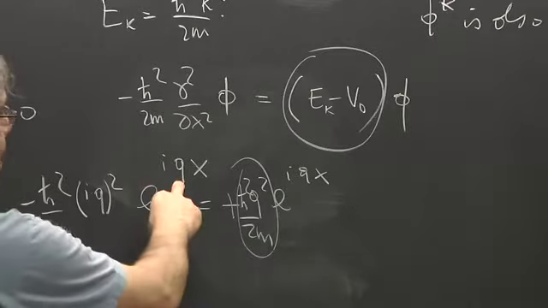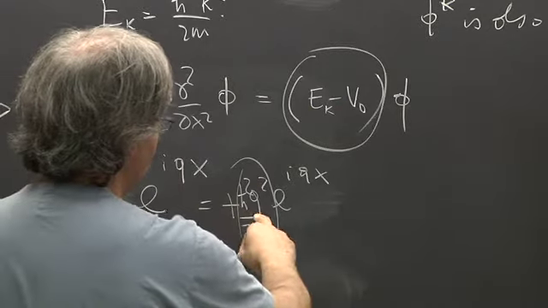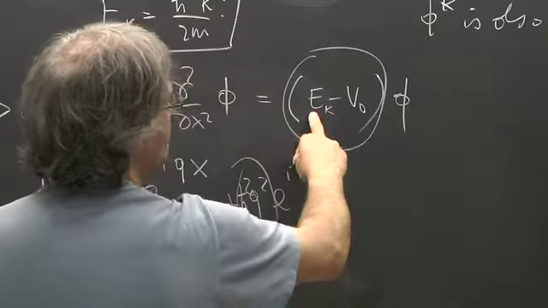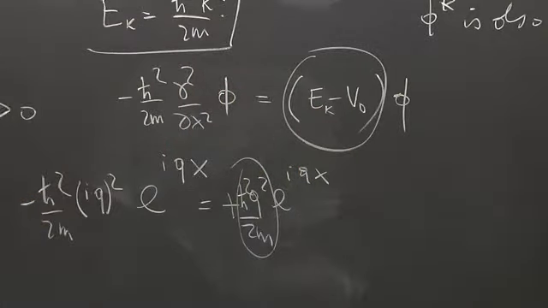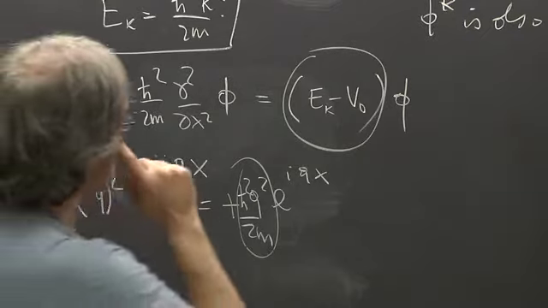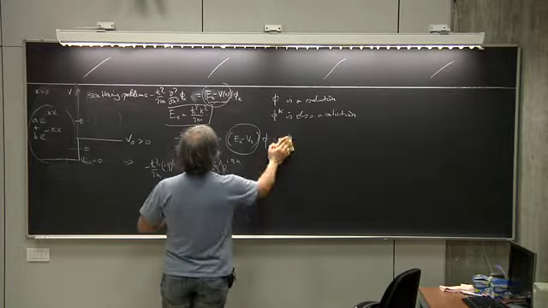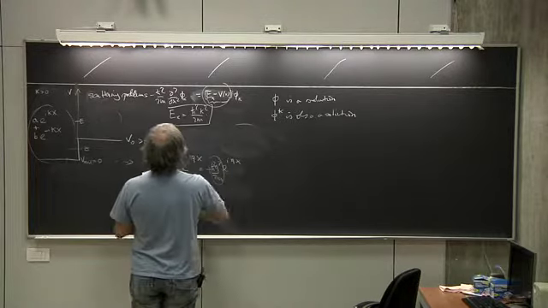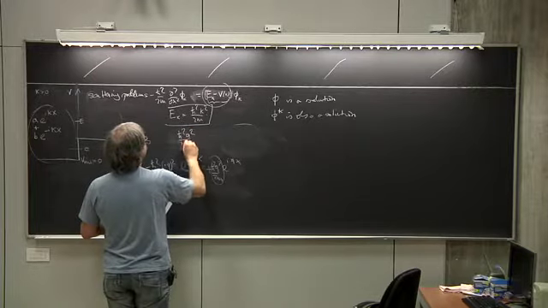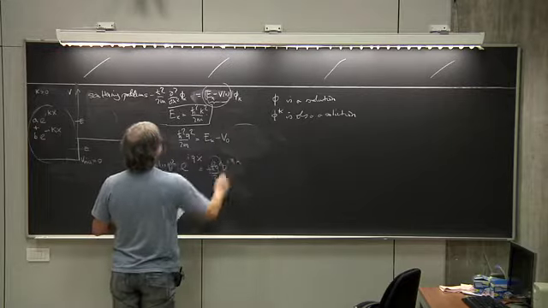If you put k here, this would not be true, because h bar k square over 2m, you already wrote here, is just E, not E minus V0. So you see the momentum here is smaller, okay? So the other q has to be such that h bar square q square over 2m is equal to E minus V0.